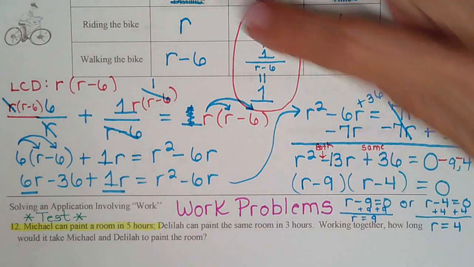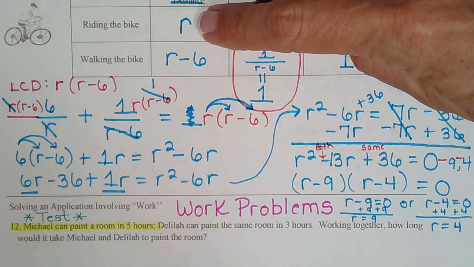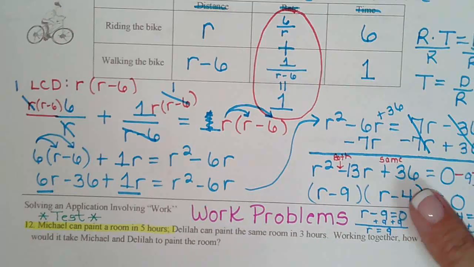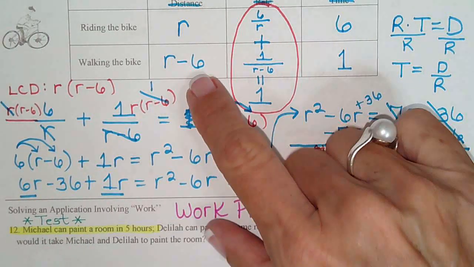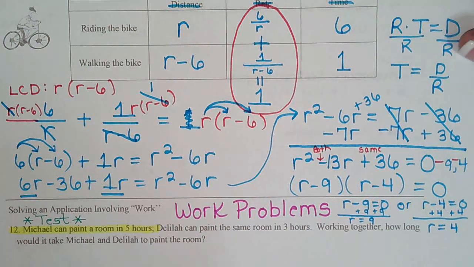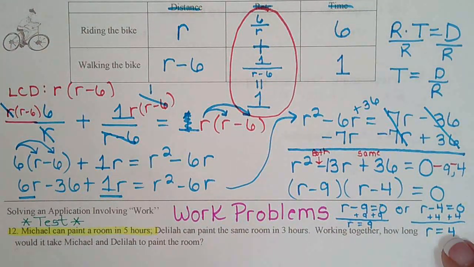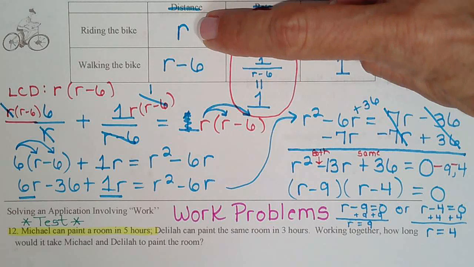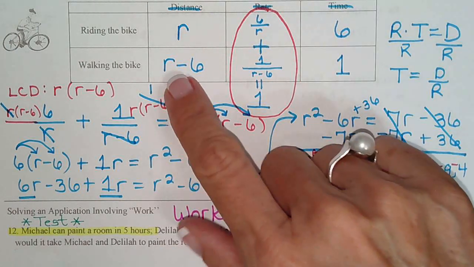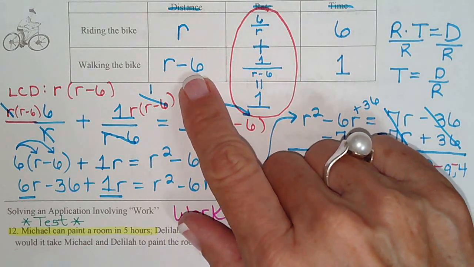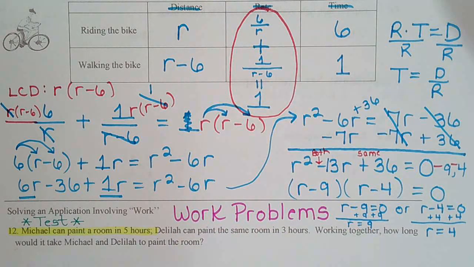So let's put the 9 in. So this is rate. So could he ride a bike at 9 miles per hour? Sure. Then put a 9 in here. 9 minus 6, could he walk at 3 miles per hour? Sure. Okay, let's test the 4. Could he ride at 4 miles per hour? Sure. 4 minus 6, could he walk at negative 2 miles per hour?